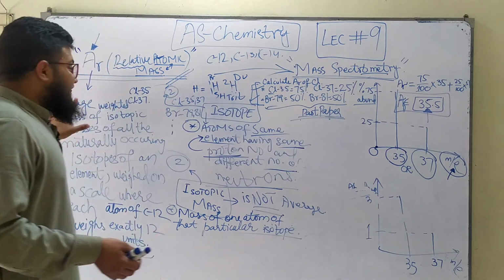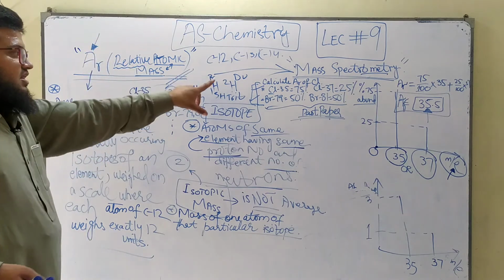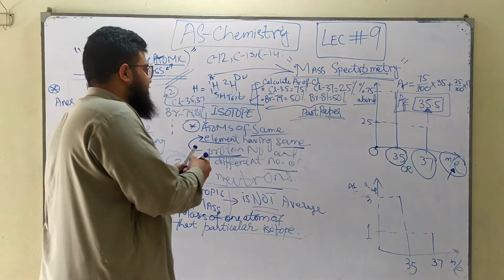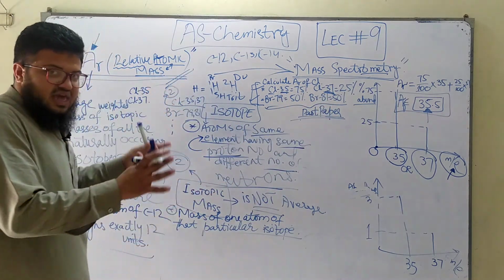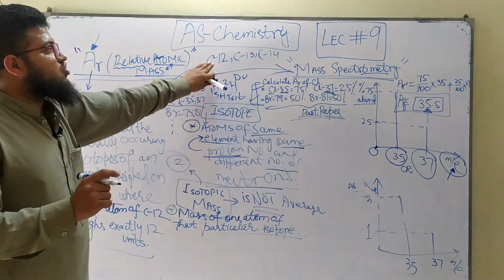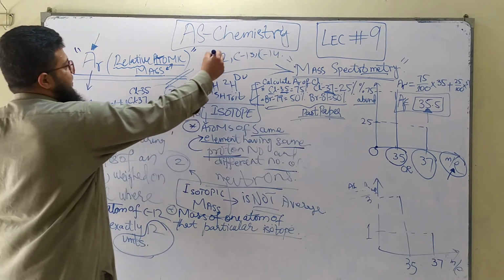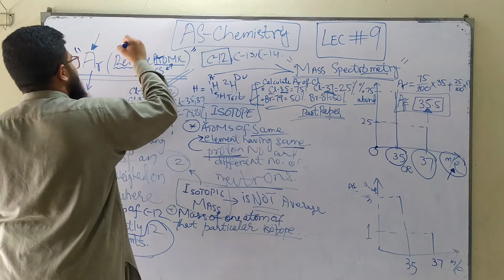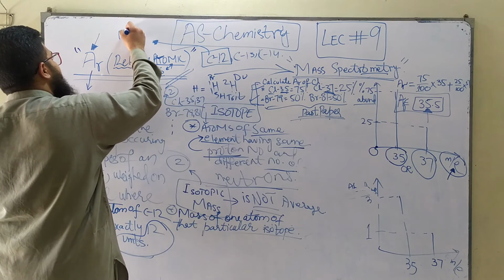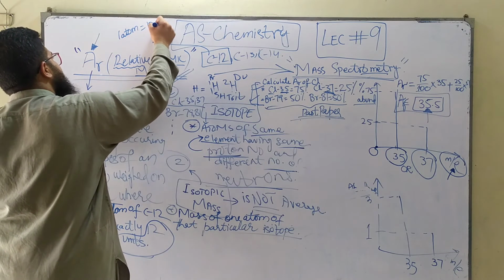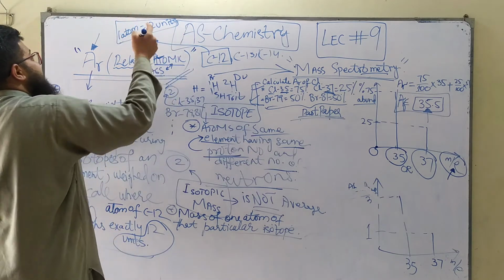And these isotopic masses have been measured on a scale where each atom of carbon 12 weighs exactly 12 units. This carbon 12 is the standard of chemistry, the standard for calculating relative atomic mass. So this has been standardized, that one atom of carbon 12 will equal 12 atomic mass units. So that's why this is the standard.